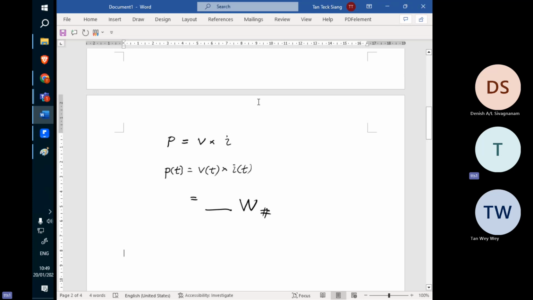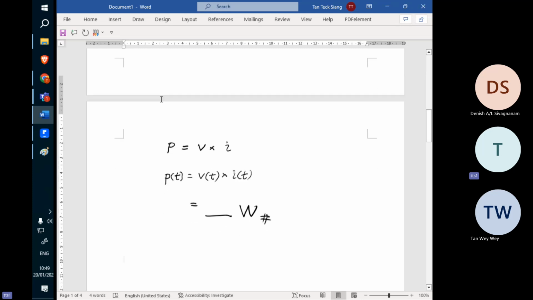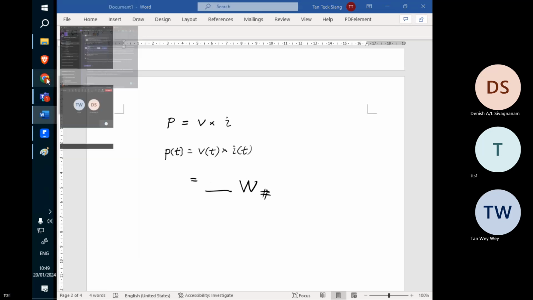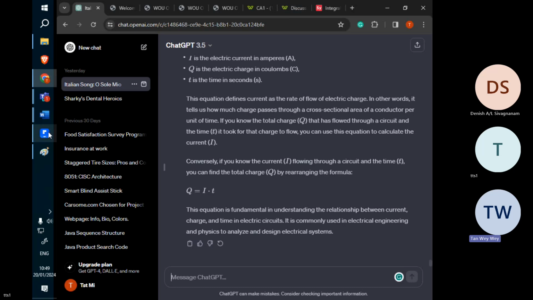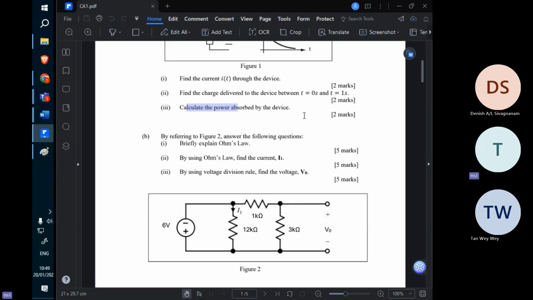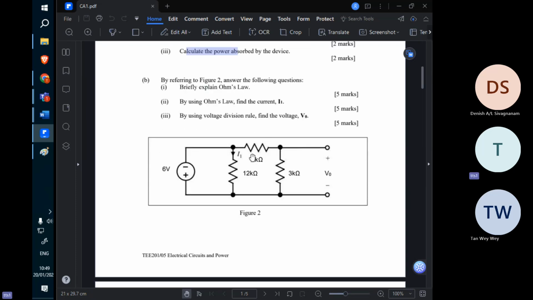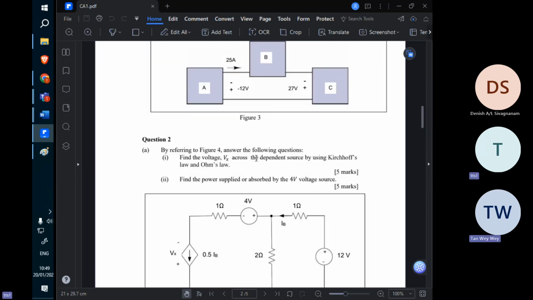Never mind. If you are not confident to do it right now, then we continue to the next question. I think we can do this also, but I prefer to do this one first.